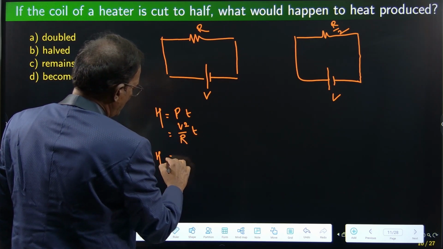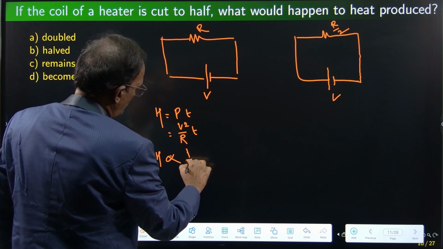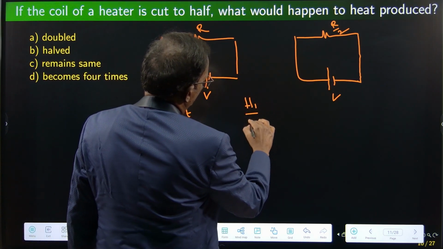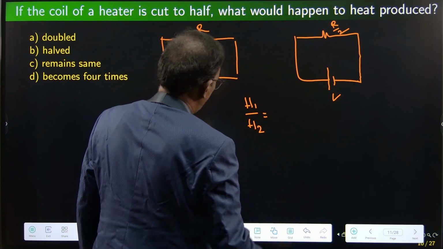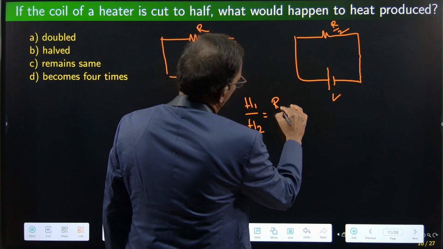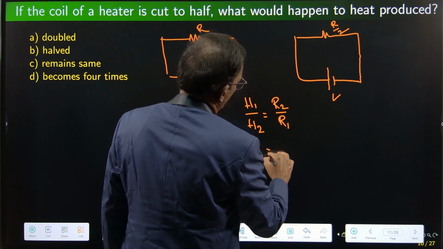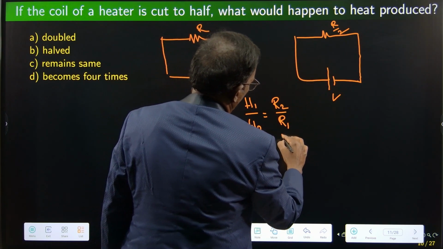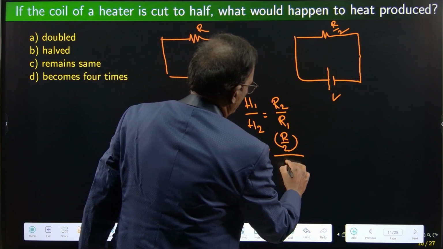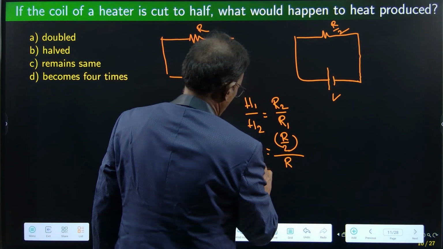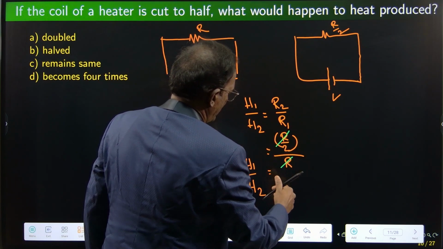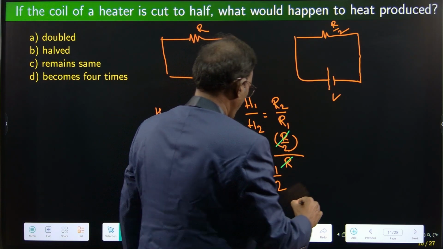So heat is proportional to 1 by R. So let us find the ratio H1 to H2, which is R2 by R1. R2 is R by 2, then R1 in the first case is R. H1 by H2 is equal to R and R cancelled, 1 by 2.